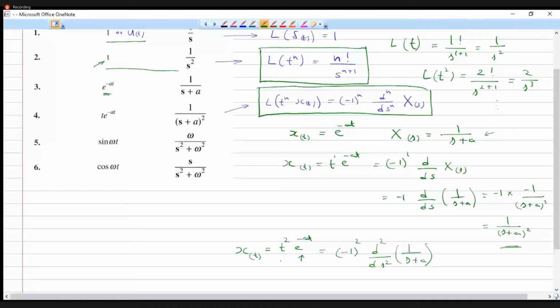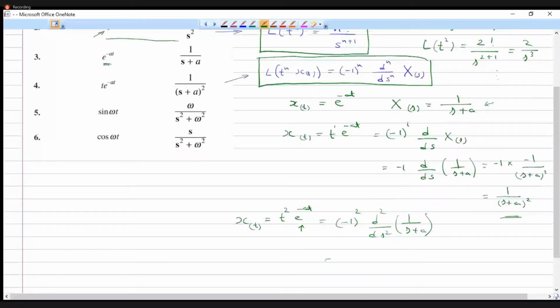So to that only we are multiplying this t square quantity. So that will be equal to 1 into the derivative d by ds of, and what is the derivative of 1 by s plus a, that we have already written here, which is equal to minus 1 by (s plus a) the whole square. So you have to find the derivative of this. So that will turn out to be equal to 2 by (s plus a) the whole cube. See, it's very easy, right?